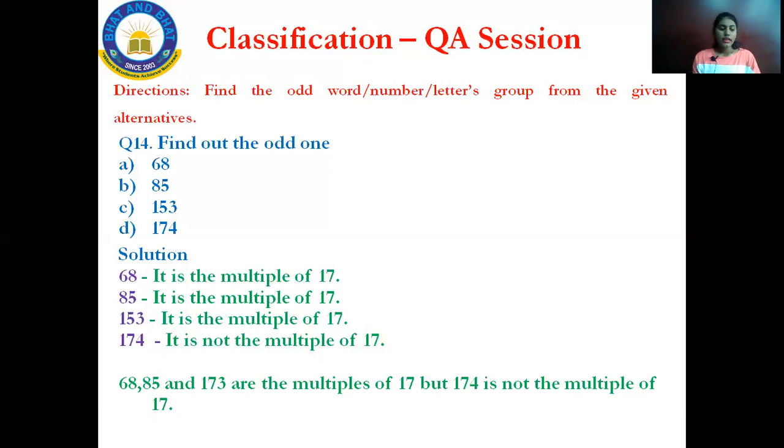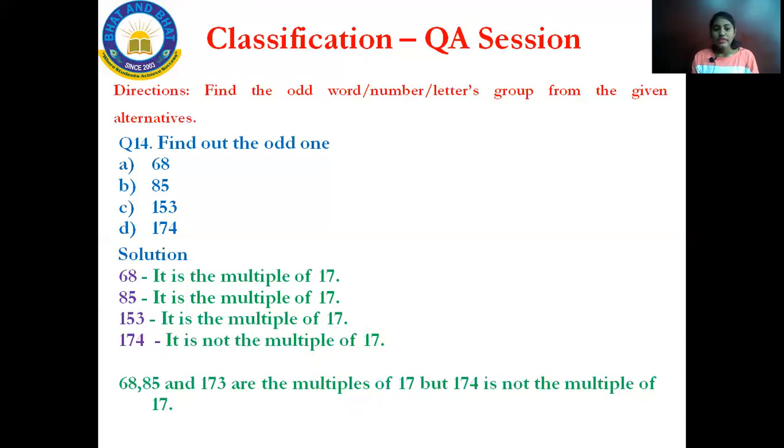68: 17 ones are 17, 17 twos are 34, 17 threes are 51, 17 fours are 68. And then 85: 17 fives are 85.